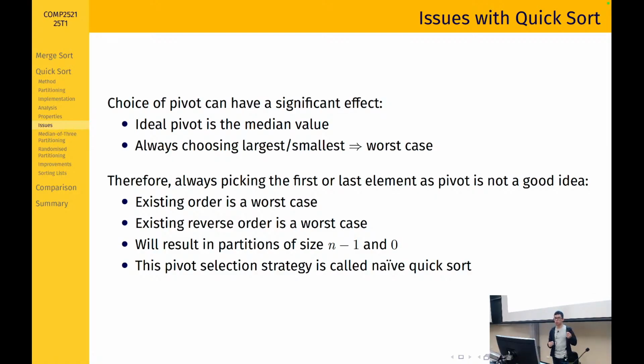But we don't know whether the pivot we chose is the median or not, so we can't choose the median value for the pivot in advance. And if we choose a really bad pivot, that will lead to the worst case, which is big O of n squared time complexity.